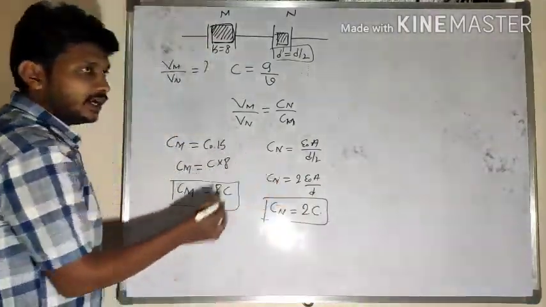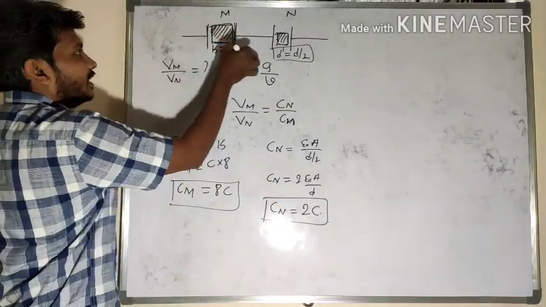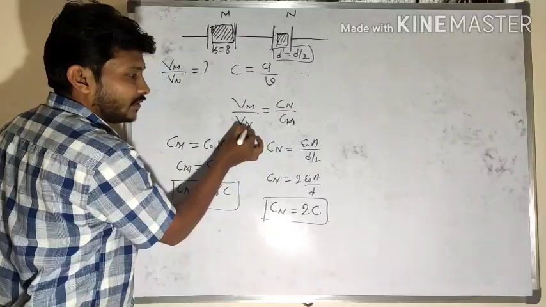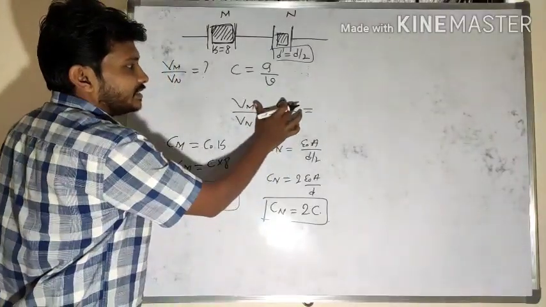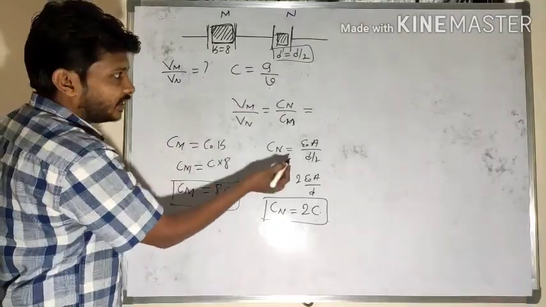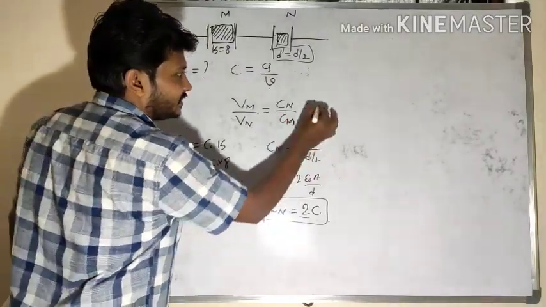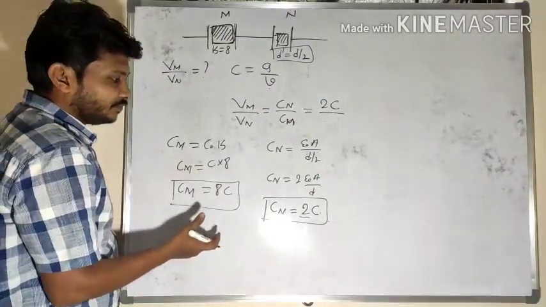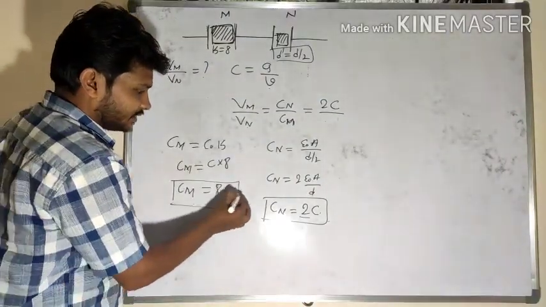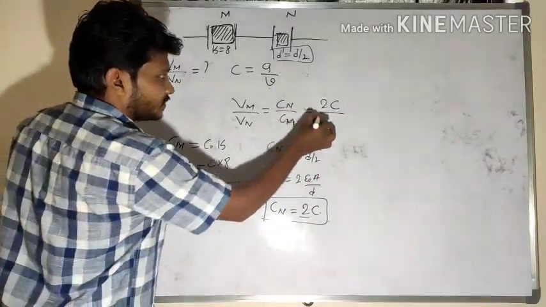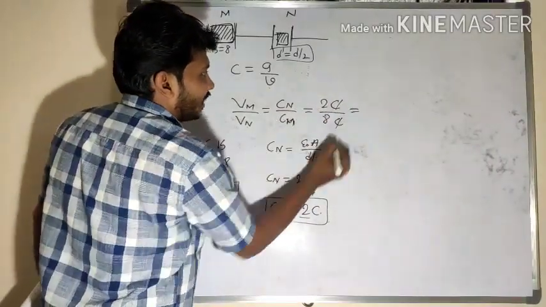So I got the capacitance of plate M as well as the capacitance of plate N here. So V of M divided by V of N is equal to C of N divided by C of M. Why? Because capacitance and potential are inversely proportional. C of N is 2C, in terms of microfarad, and here this one is 8C.